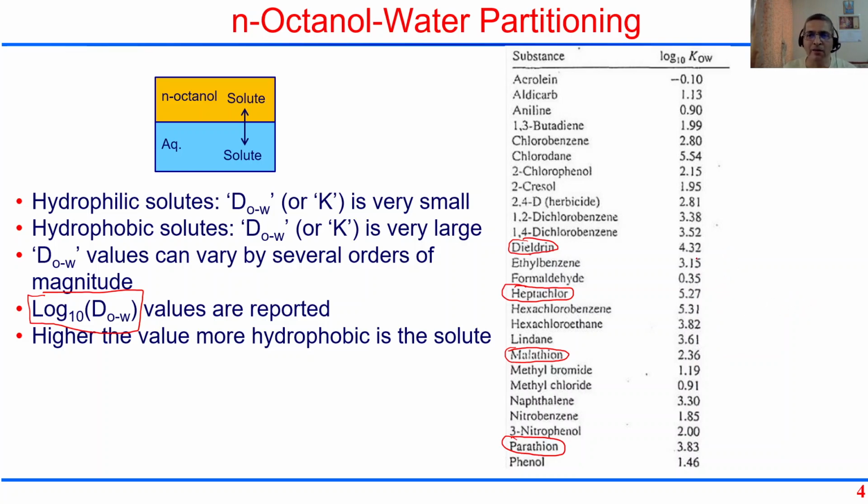And fat being an organic, hydrophobic molecule, the KOW value is also a very good indicator of how much pesticide accumulation would happen inside these animals, or inside the fat or the fish. So that's another use for this KOW, that you can quickly estimate the amount of pesticide that would get accumulated in these animals or in the fats of these animals.